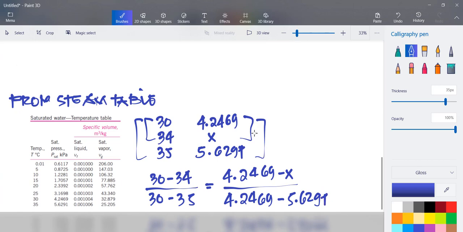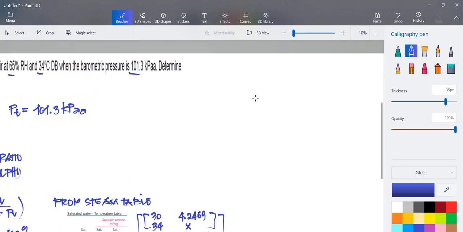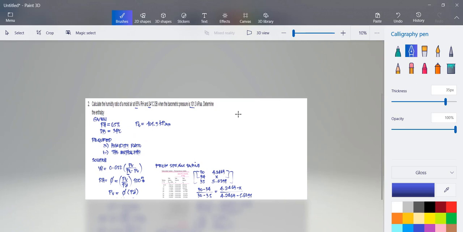Okay, so continuing that one, let's put a border here.